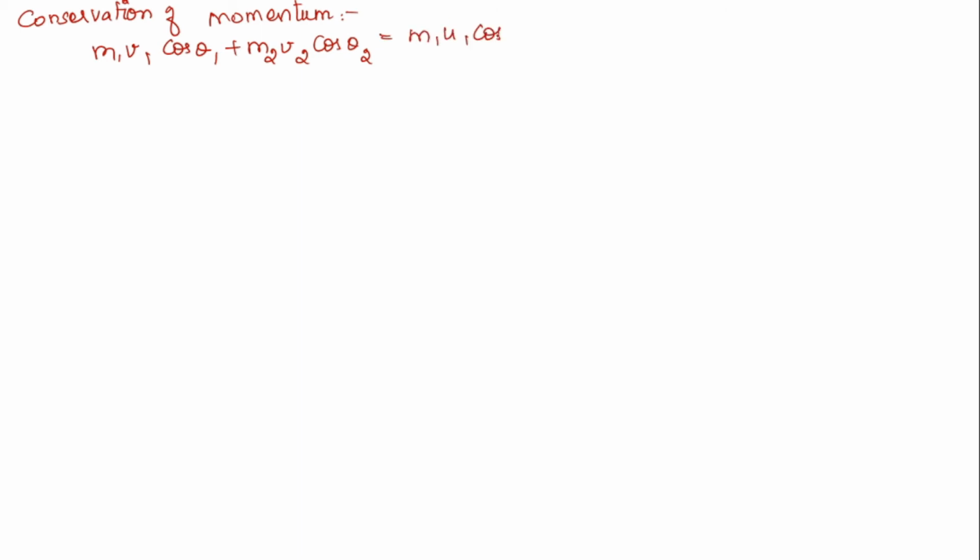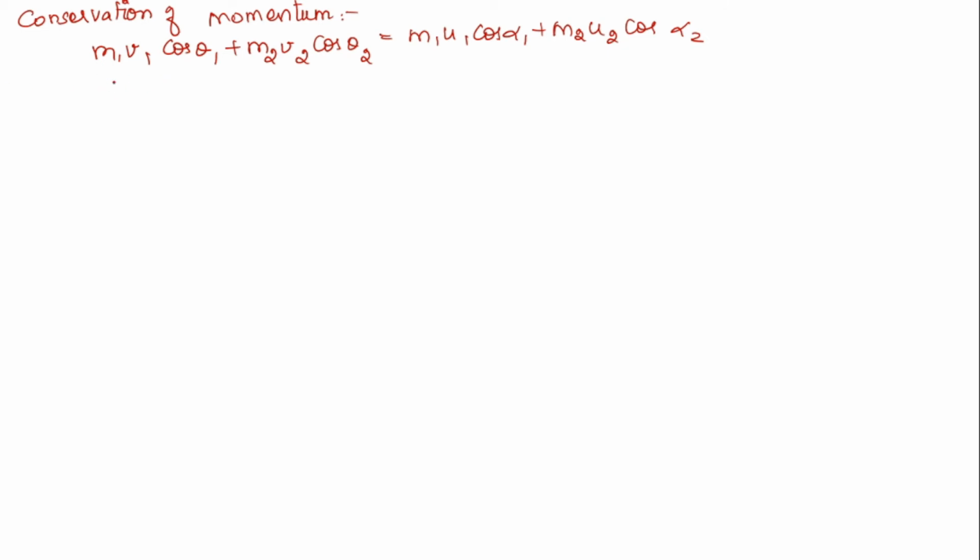Then the fourth one, conservation of momentum. So we know that m1 v1 cos theta 1 plus m2 v2 cos theta 2 equal to m1 u1 cos alpha 1 plus m2 u2 cos alpha 2. So instead of m1 it is m, instead of m2 also it is m.